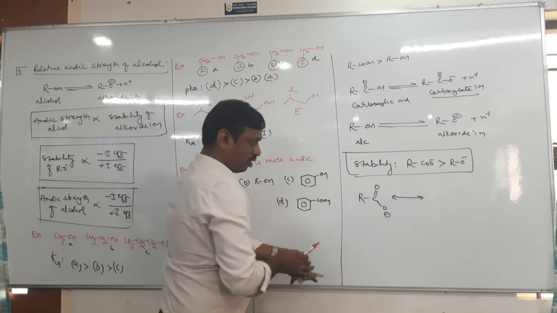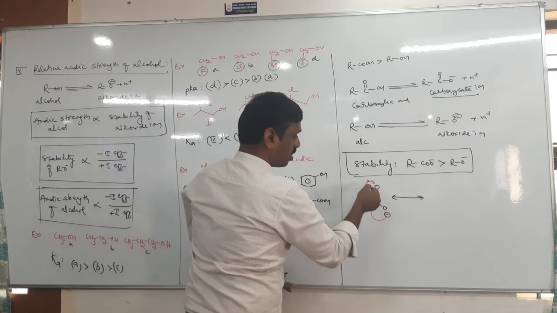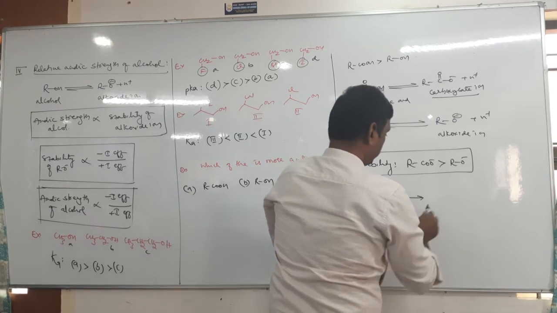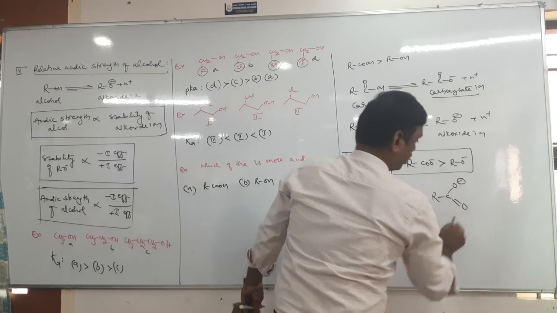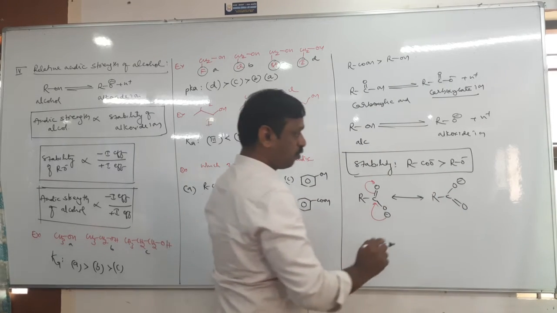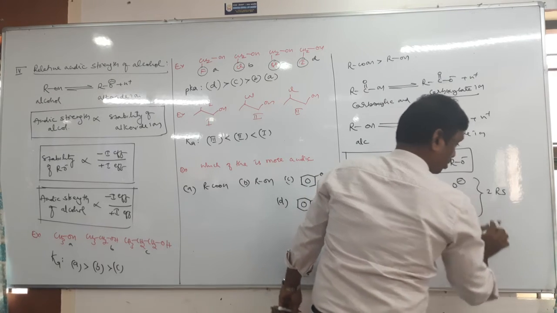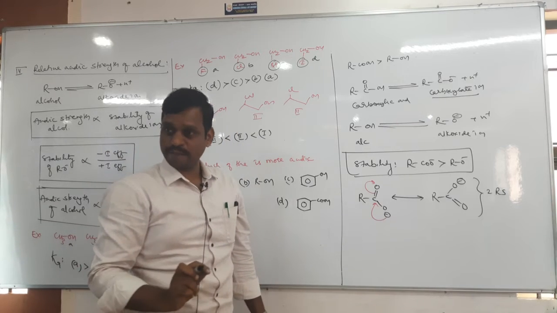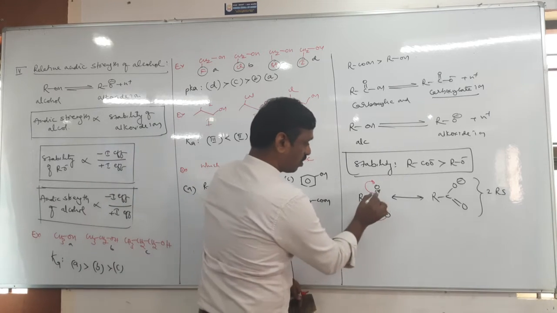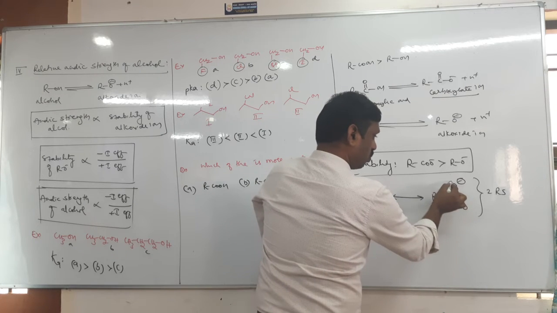It undergoes resonance, this pi bond shifts here, so the R-O becomes O minus, and here O double bond. Therefore it gives how many resonance structures? Two resonance structures. But most important, it gives two equal resonance structures, because you see 1, 2, 3 here, and here also 1, 2, 3.